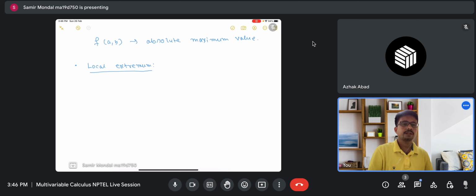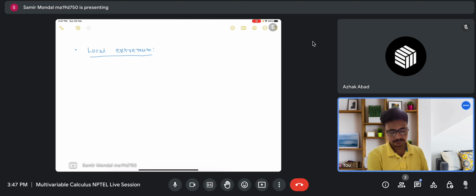Either f has a local maxima or local minima, one of them, that time we will say that f has a local extremum at some point. It's very simple. One note: when we are talking about local, that time we are talking about an interior point of D. Do you know about interior point?